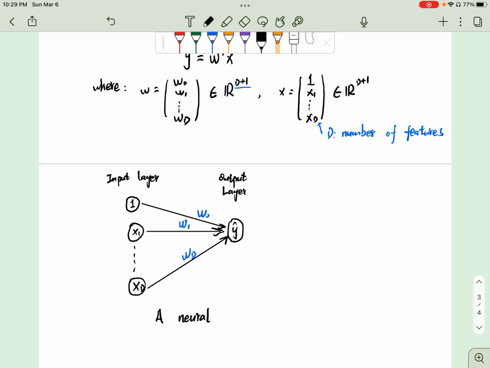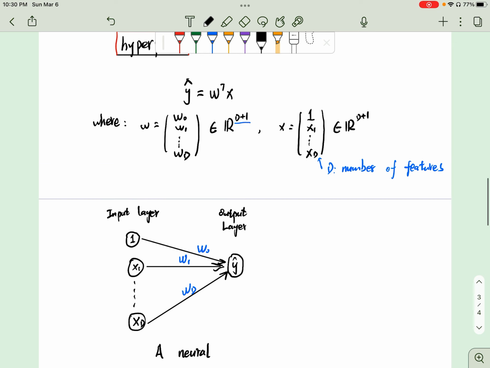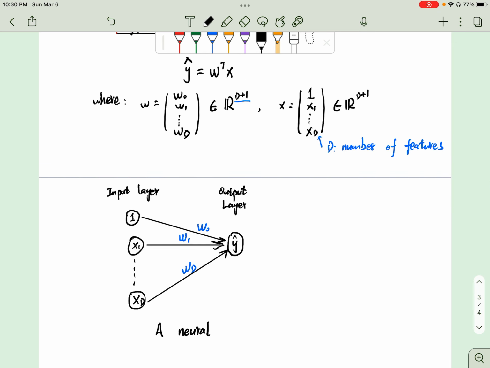Here 1, x1, and xd are our feature vector, and we multiply it with these weights, and then we sum them together. These arrows actually mean we sum them together, and we get our y hat.